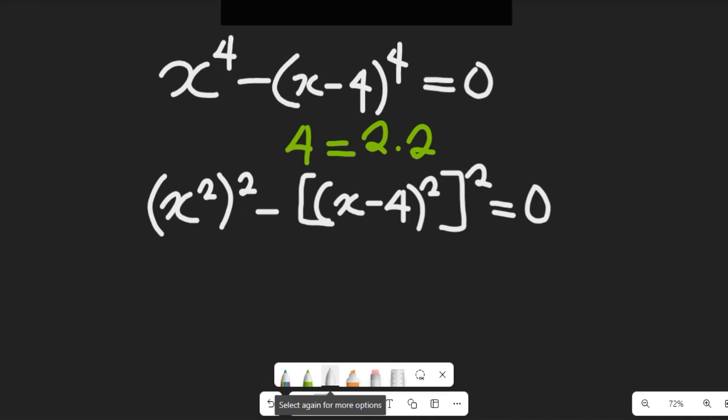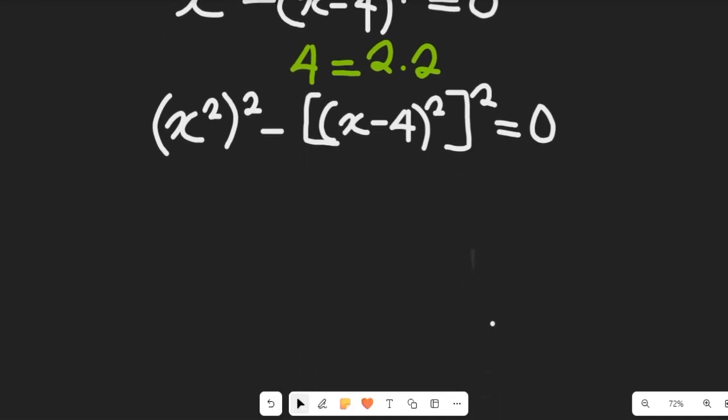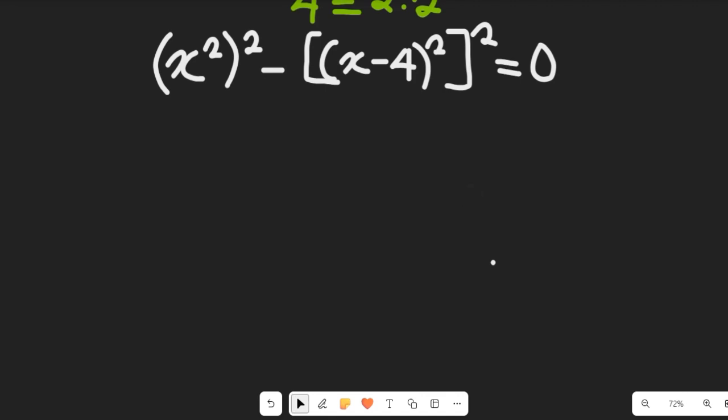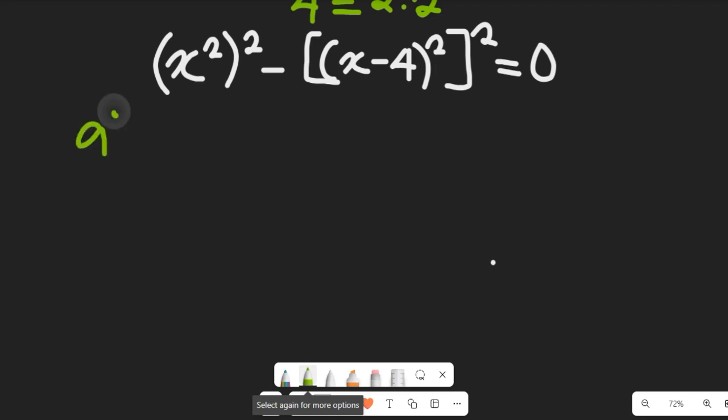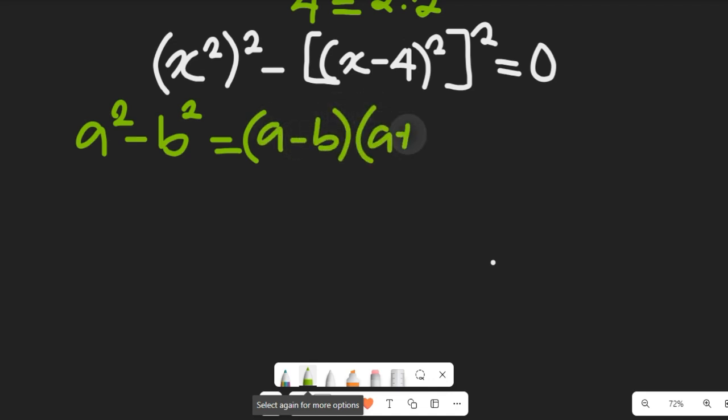Good. Now, having expanded this, in the next step we are going to simplify further by applying a simple algebraic formula. Remember the difference of two squares: if I have a squared minus b squared, this is equal to a minus b multiplied by a plus b.